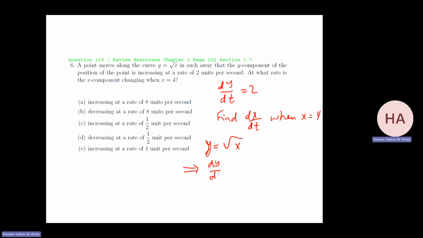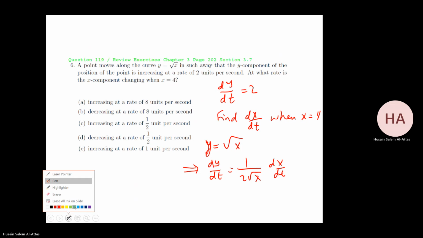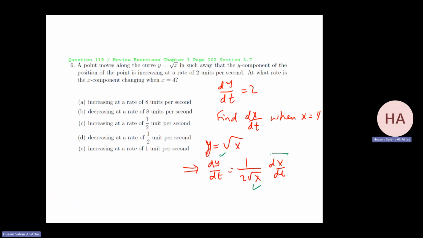I have dy by dt equals 1 over 2 root x times dx by dt. Same idea: this is given, this is given, this is the unknown. So you have 2, x is 4, so you have 1 over 2 times 2, 1 over 4 dx by dt. So dx by dt will be 8. So it's increasing at this rate, 8 units per second.